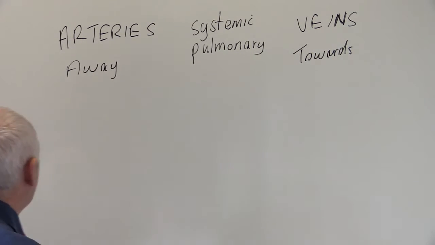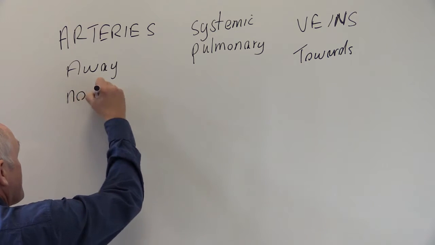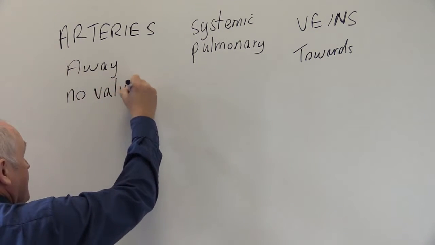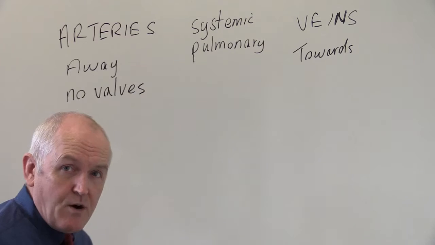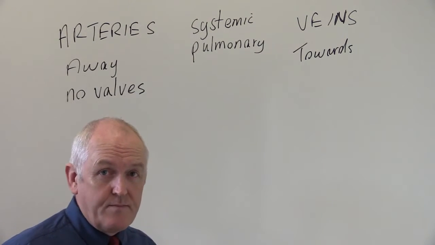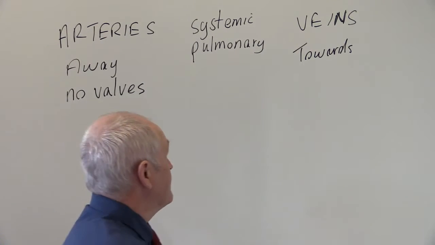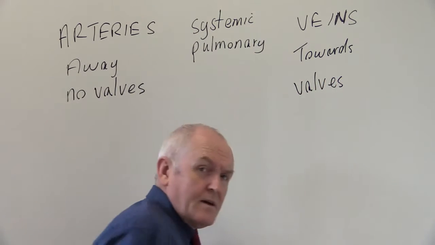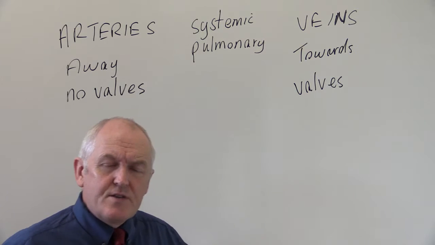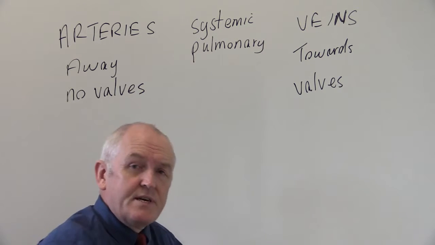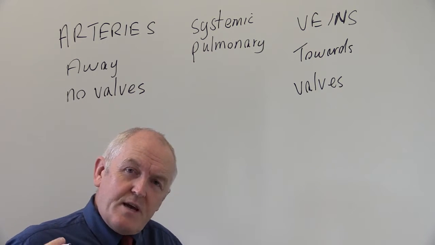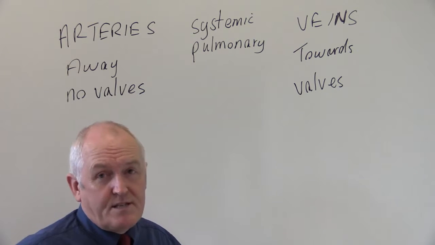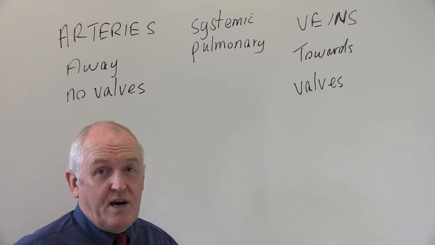Now, arteries do not have valves. They do not have valves to ensure one-way flow. But veins do have valves. Now, the reason for this is that the blood goes through the tube of the artery under the influence of the blood pressure generated by the contraction of the heart.